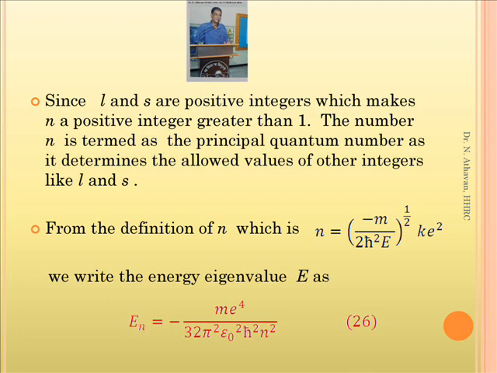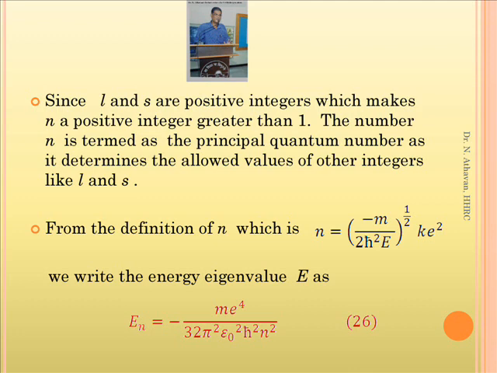The number n is termed the principal quantum number, as it determines the allowed values of other integers like l and s. From the definition of n, which is n equal to square root of minus m divided by 2 cross h square e into k into small e square, we write the energy eigenvalue E as En, which is equal to minus m e power 4 divided by 32 pi square epsilon 0 square cross h square n square.